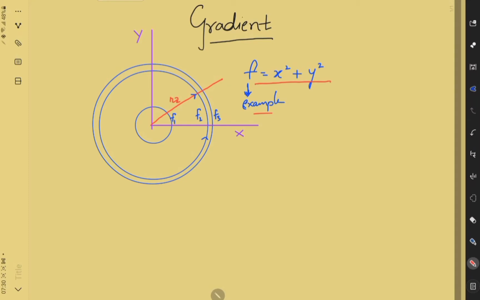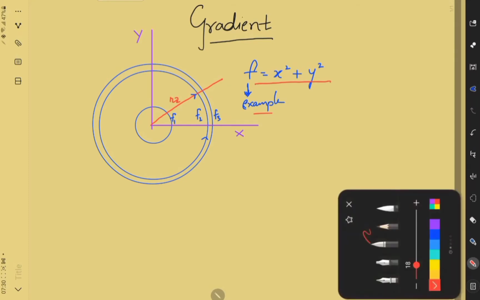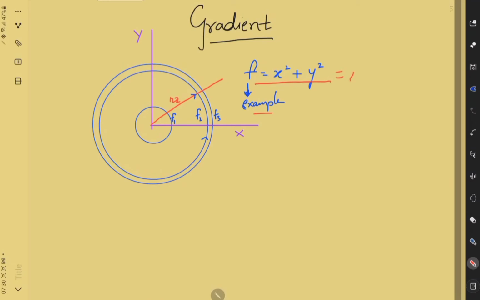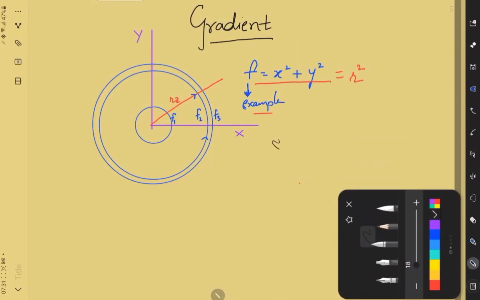Because f is nothing but x square plus y square, which is equal to r square. If r2 is the same, then r2 square will also be the same, so f2 will be the same along this curve. So what is the definition of our gradient?